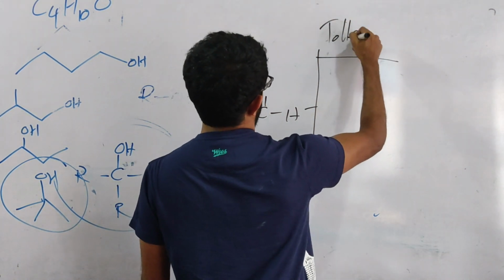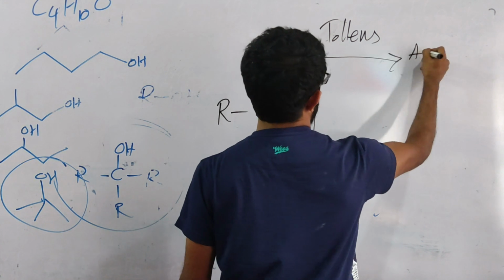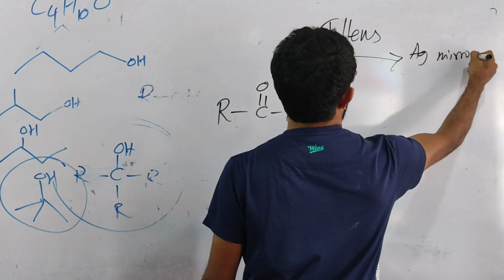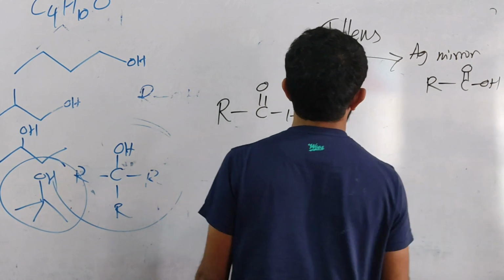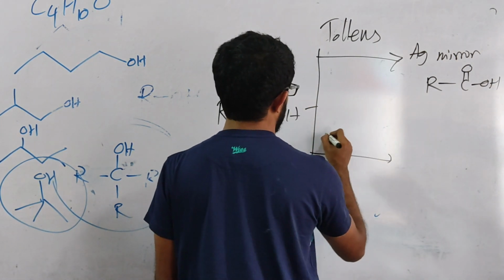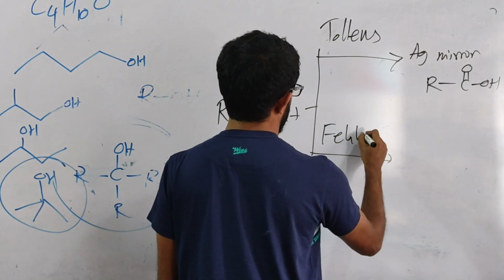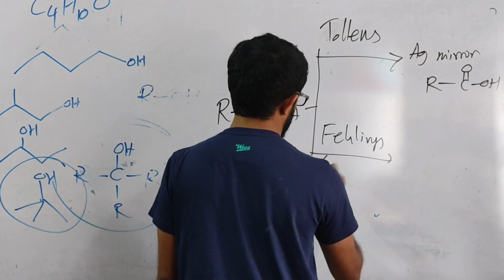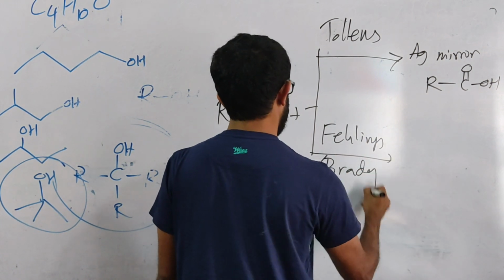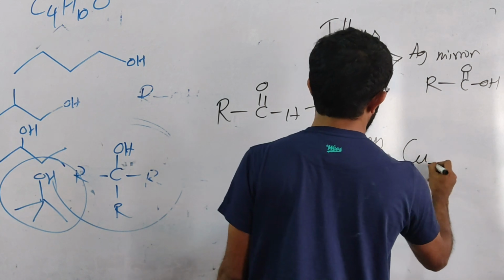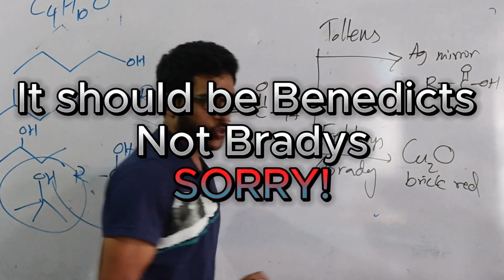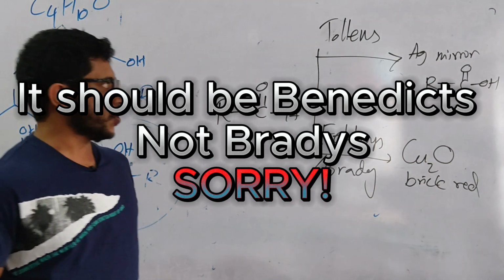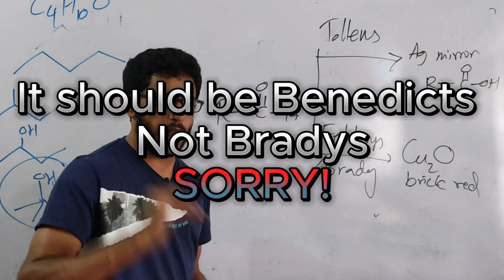One is Tollens' reagent. It gives a silver mirror, and the aldehyde gets oxidized into a carboxylic acid. And if you add Fehling's reagent, that is the second one, it gives a brick red precipitate of Cu2O. So those are the 2 tests we commonly use to identify aldehydes.